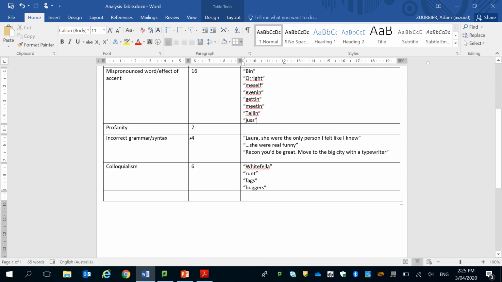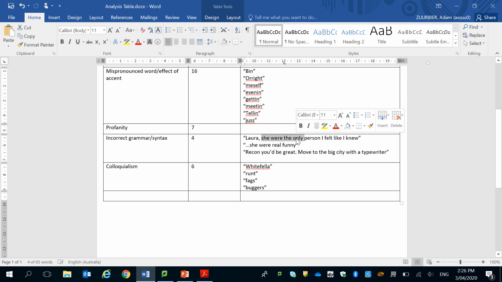Incorrect grammar and syntax, we have 4 examples of that, where he has incorrectly composed or put his words together or spoken in fragments. That's not entirely unusual when people speak, for them to speak in fragments, but to order their words in the incorrect way or to use the incorrect form of a word, that is less common. So, for example, here he said, Laura, she were.